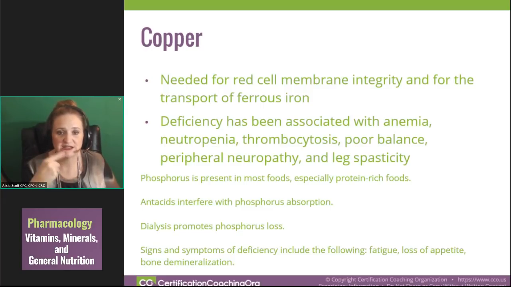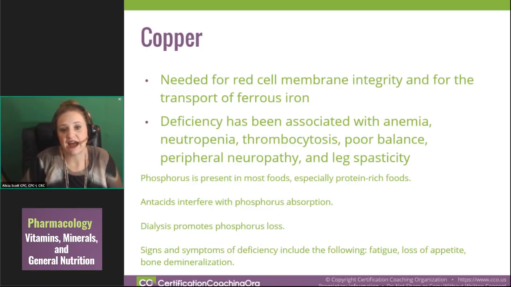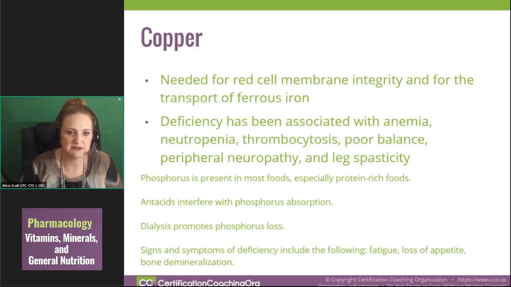But unfortunately, Tums is an antacid that's full of calcium. So we'll tell you to take the antacid, right? Just don't take them at the same time. If a person is on kidney dialysis, a lot of times they lose phosphorus, and then the signs and symptoms are there. Again, that was for phosphorus on the previous slide.